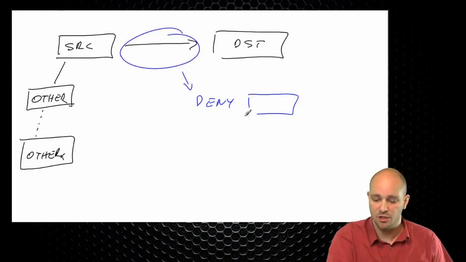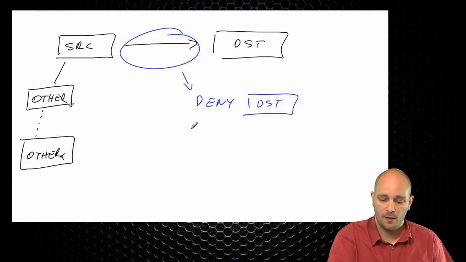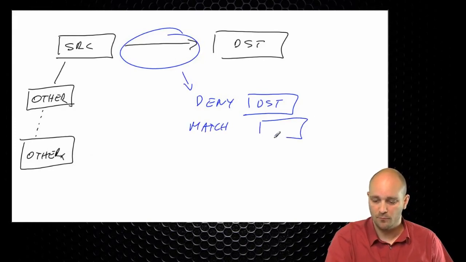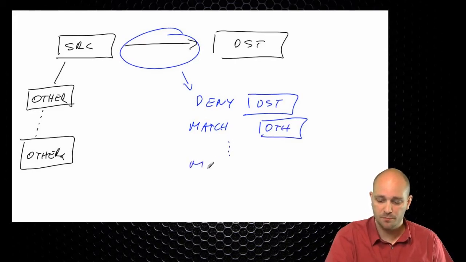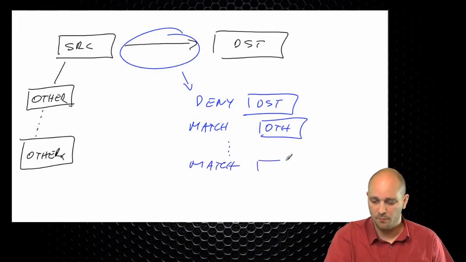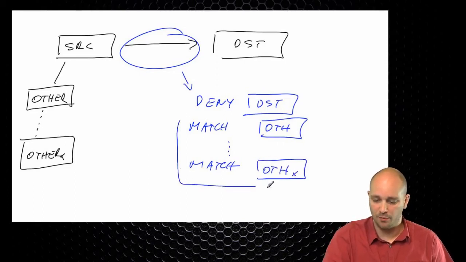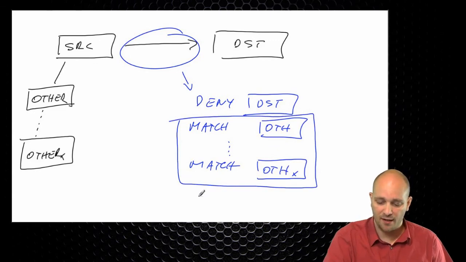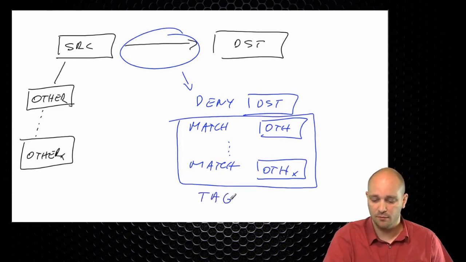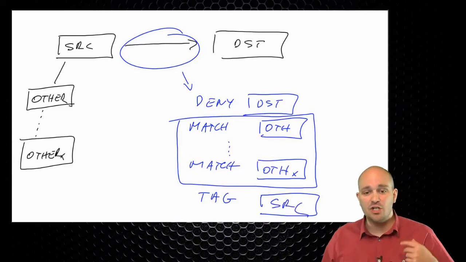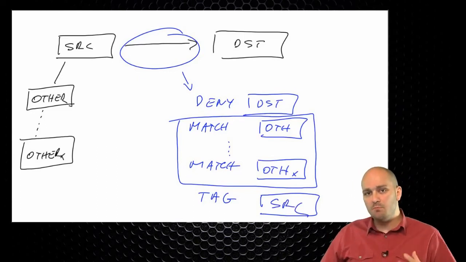Deny destination, match other, and if you have multiple others, you simply add those multiple match statements. And finally, we have tag source. So this is the generic logic that you can implement for tagging.